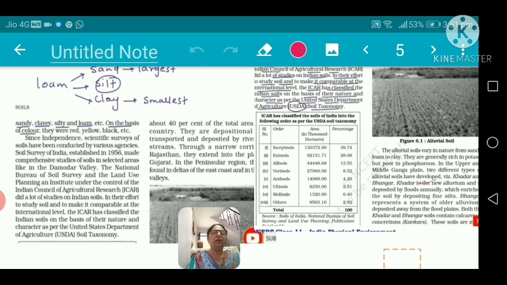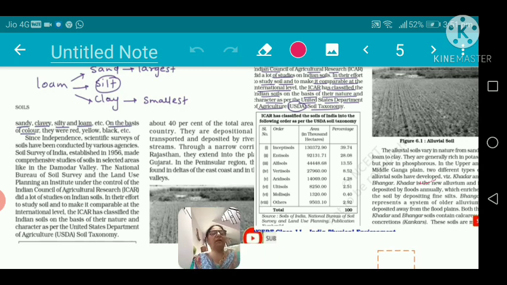And here I would like to mention one more thing, that the Indian soils on the basis of their nature and character, as per the United States Department of Agriculture, USDA, it has also given that about 40% of the total area of the country has such types of sandy and silt soils.